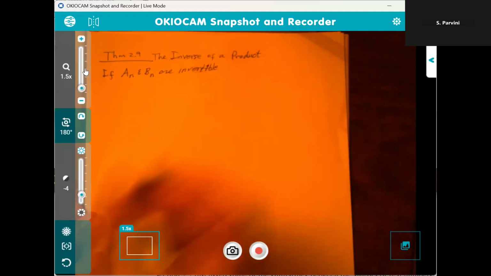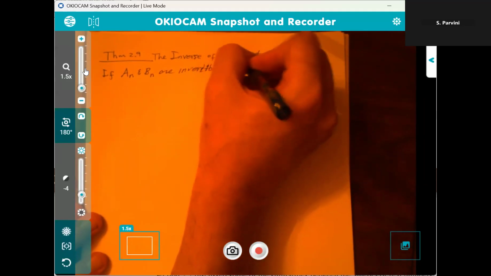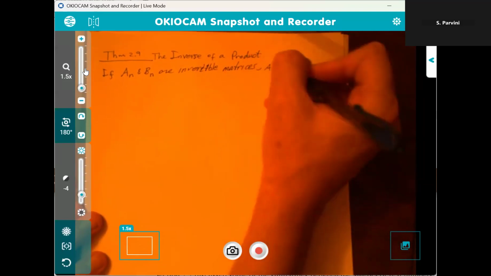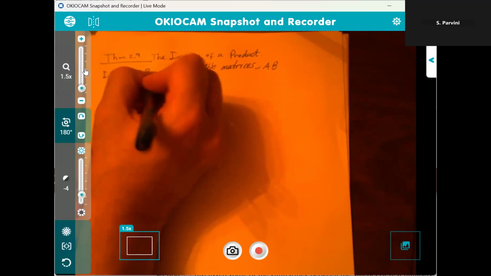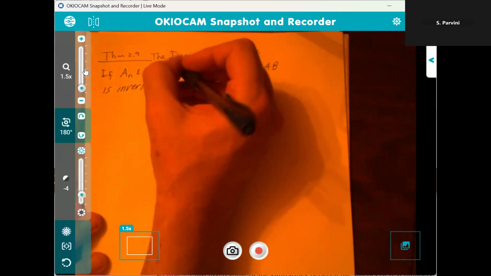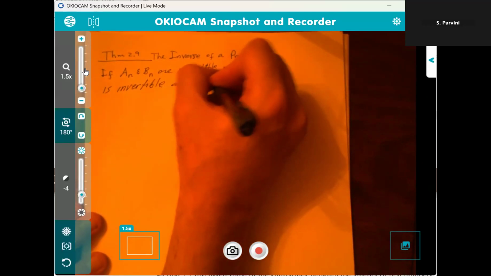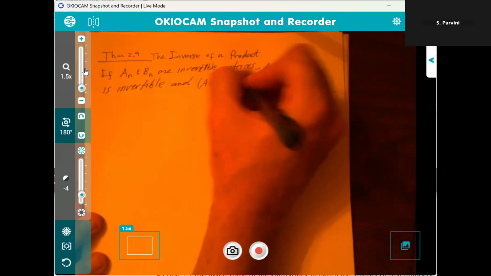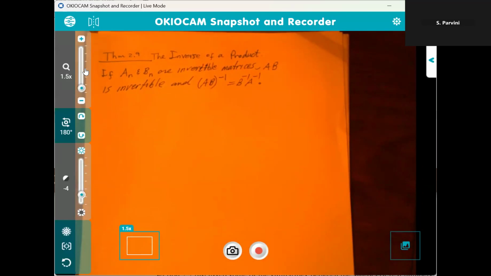Invertible matrices. Now, according to this theorem, AB is invertible. And the inverse of AB is going to be B inverse A inverse.